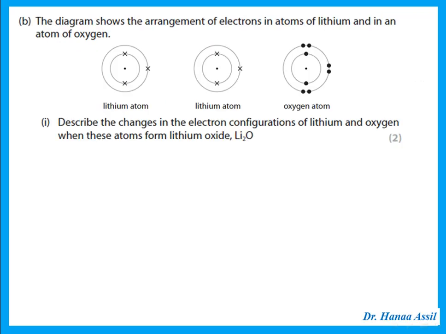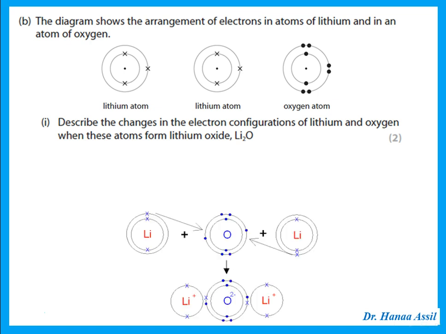The diagram shows the arrangement of electrons in atoms of lithium and in an atom of oxygen. Describe the changes in electron configurations of lithium and oxygen when these atoms form lithium oxide. So you can see that originally the electron configuration of lithium is 2,1. Oxygen is 2,6. Now, when they react, what happens?